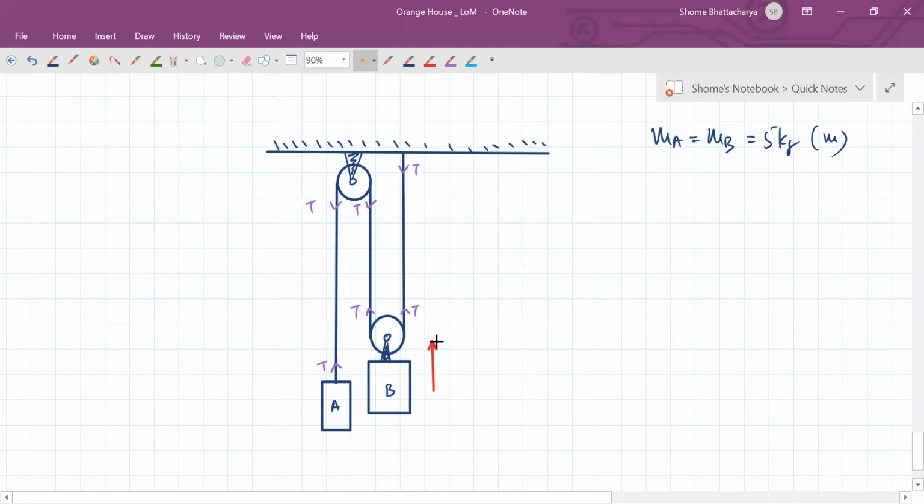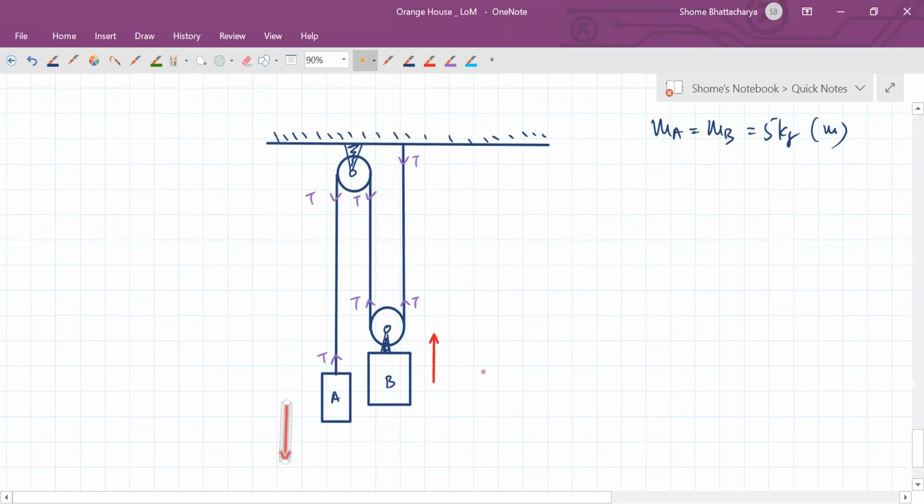So B will tend to accelerate upwards, but A will tend to accelerate downwards. But the difference here is that they will not have common acceleration. Acceleration of B will not be equal to acceleration of A. So one of the things we have to do is work out the relationship between their accelerations, which will come from the fact that the thread length is constant.